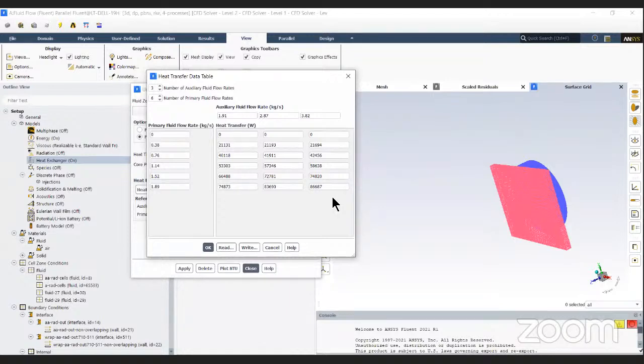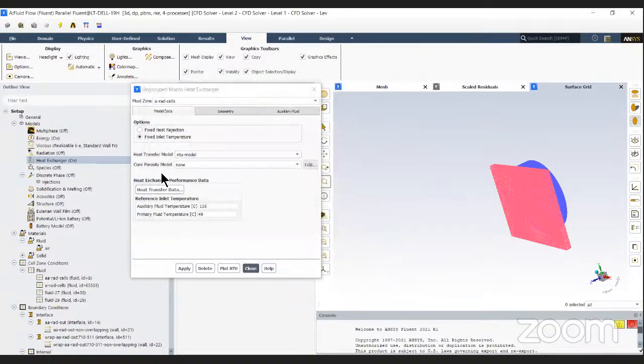All you need to do is make sure that you provide Fluent with this data. And then Fluent is going to calculate, depending on these flow rates and this heat transfer rate, what the effectiveness is and how much heat is being rejected. And accordingly, from this heat exchanger report, you will be able to tell at the end of the simulation whether it was enough for the engine bay or for the underbody environment in terms of sufficient cooling, okay?